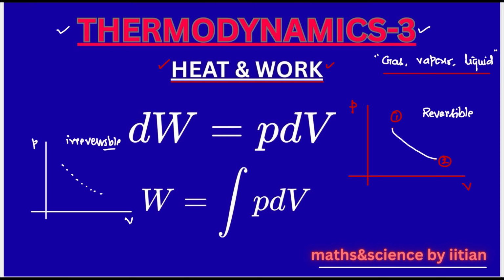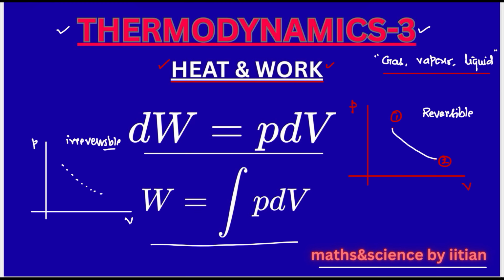Now, let us define and find out how to calculate the work. To calculate the work done on the fluid, we have one equation in the differential form, dW is equal to P into dV, which can be applied without any reservations in the reversible cycle and irreversible process.